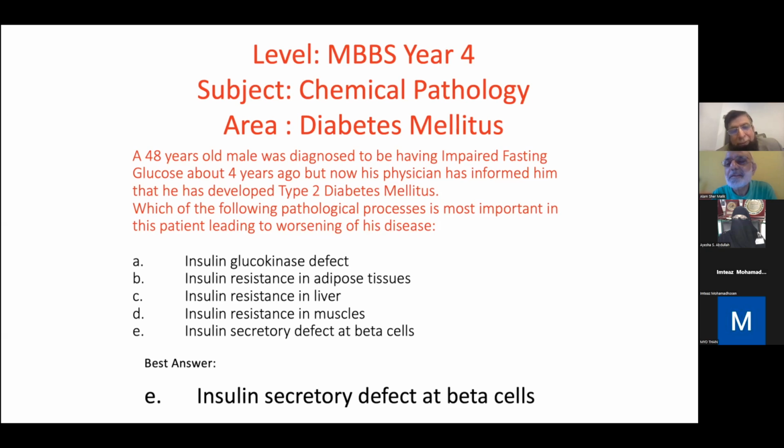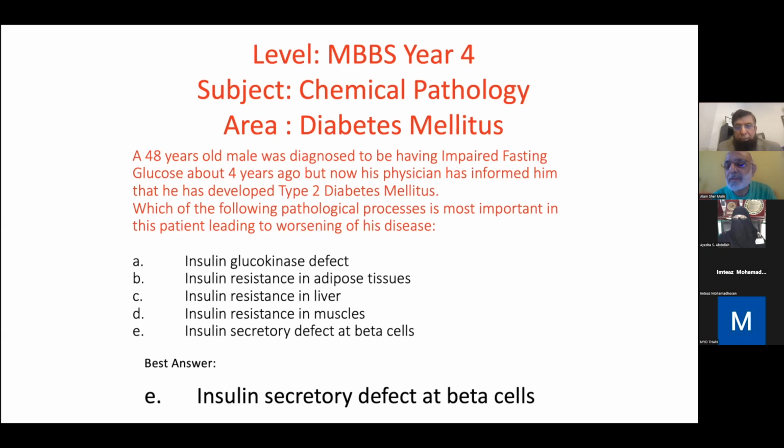Most of them roam about the resistance. They get confused about which resistance is more important, adipose tissue, liver, or muscles, or the glucokinase defect. Very few use their test-wiseness, but it's a good point. Right. Okay. Thank you very much.